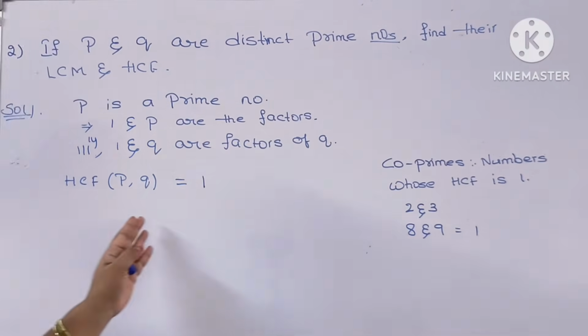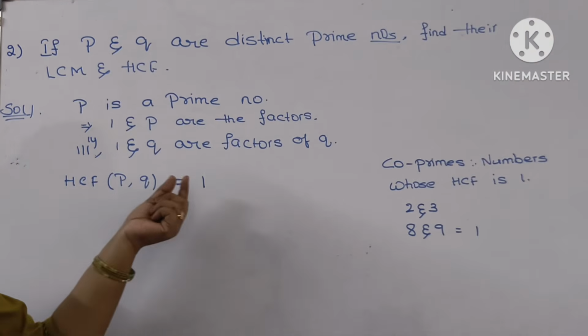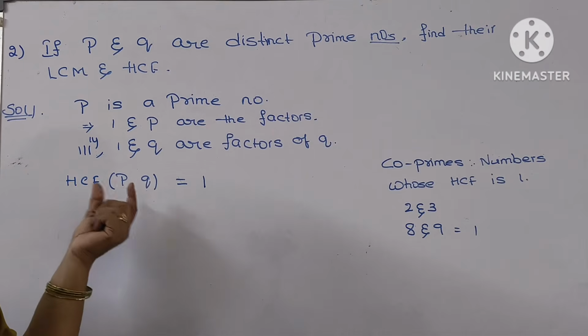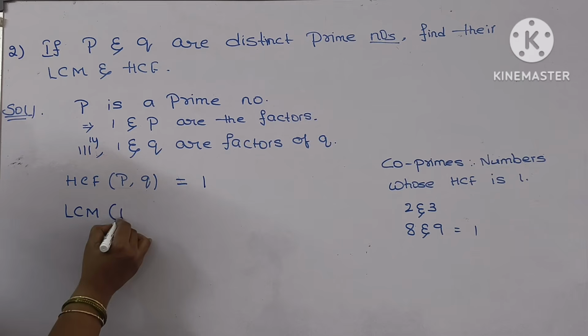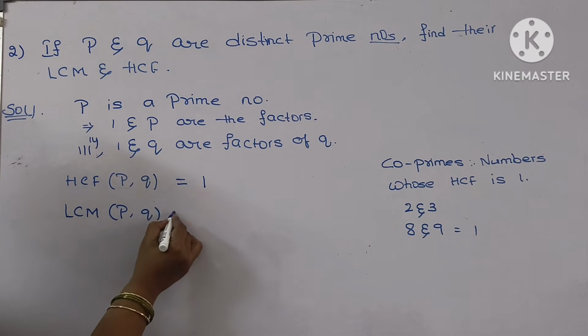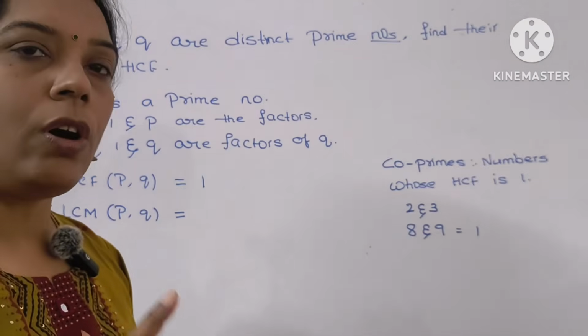Now, let us come back to our original question. So, we found out the HCF of these two numbers to be 1. So, P and Q can now be called co-primes. Let us find the LCM of P and Q. What did we learn LCM as? LCM is the product of all the factors.